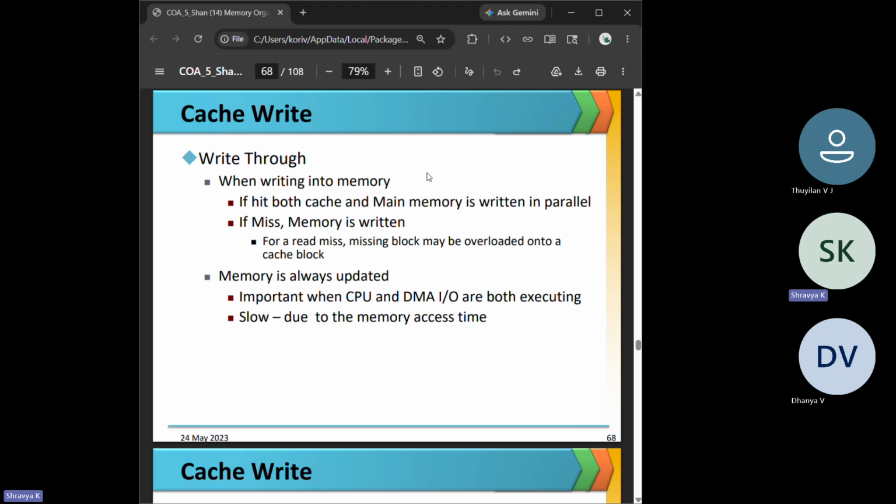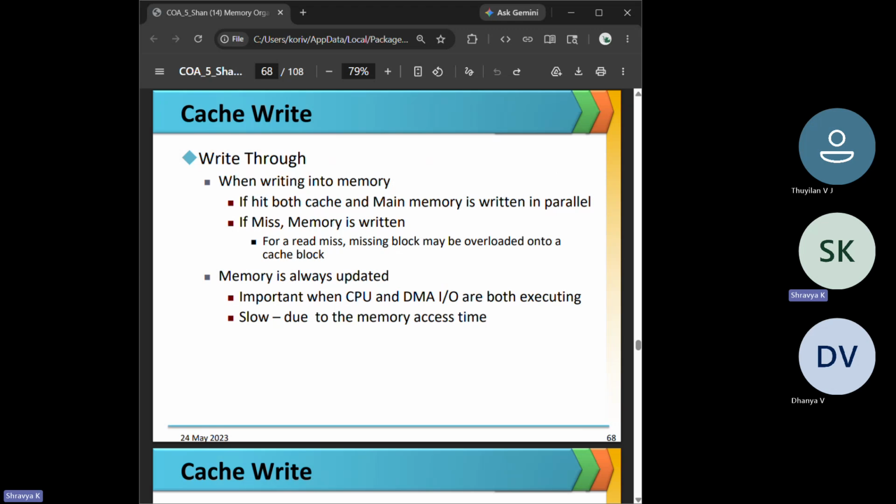But if you're performing write through and you find a miss, then there's nothing to write in the cache because you didn't find the location in the cache. So if you have a read miss, for example, the missing block may be overloaded onto a cache block.